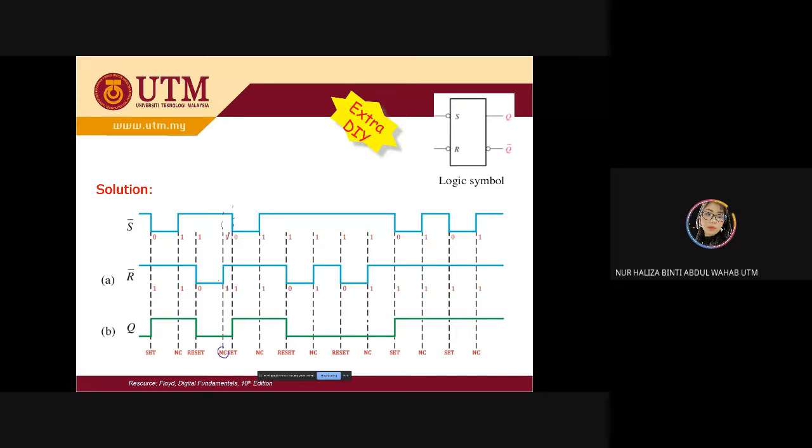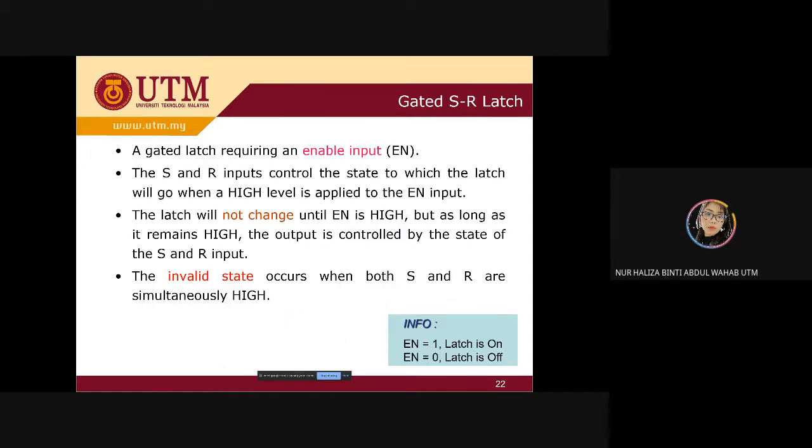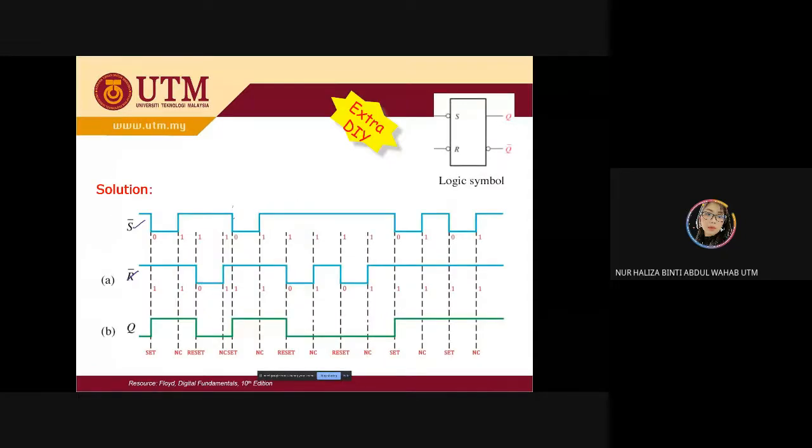If, let's say, over here, maybe it will be like this, so you're going to have 0, 1. 0, 1 is 1. So you need to do like this. That's why you need to check carefully every single change for your input. You need to draw the dotted line. That is on our SR latch.